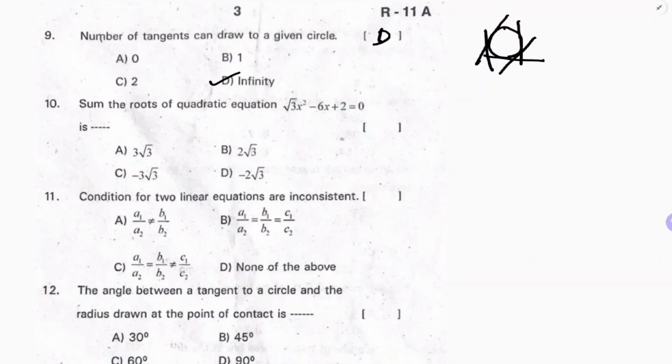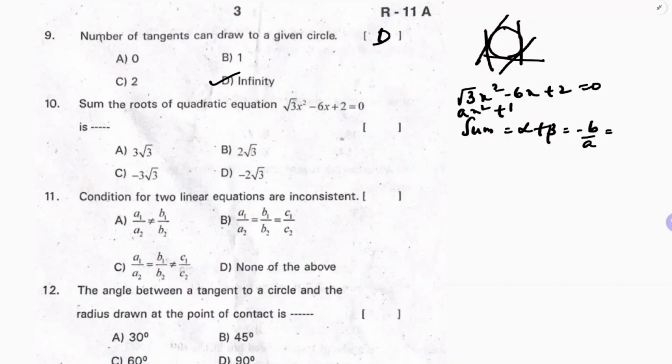Next one, sum of the roots of the quadratic equation. So the quadratic equation is root 3 x square minus 6x plus 2 equals 0. So sum of the roots is nothing but alpha plus beta, so minus b by a. If you compare with the standard one, ax square plus bx plus c equals 0, the value of a is root 3, b is minus 6 and c is 2.